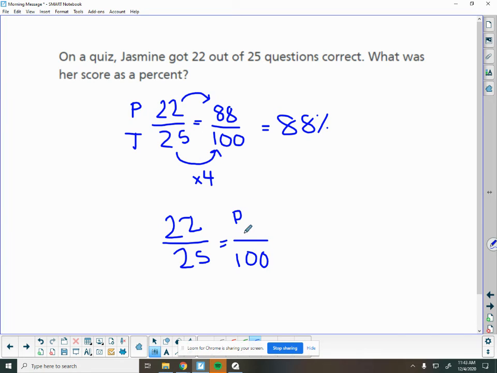If I'm looking to get P all by itself, the opposite of divide by 100 is to times by 100, and that cancels this out on this side, and then we're doing it over here, which gave us 100 times 22 divided by 25 equals P. Either way, we're getting 88%.